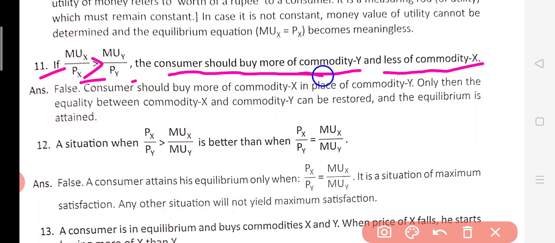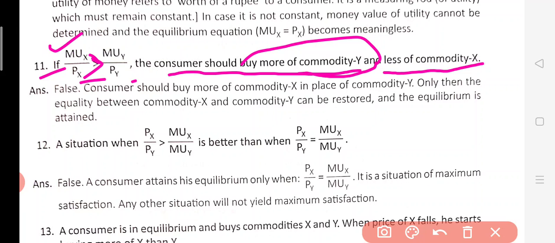That the consumer should buy more of Y. See here, the arrow is open towards X. So here we will say that the consumer should spend more money on X good, then only this law of diminishing marginal utility will come into the picture, and then MUx will fall.